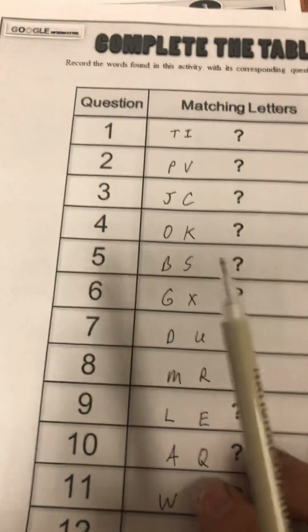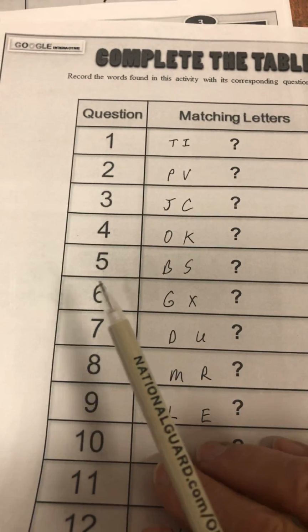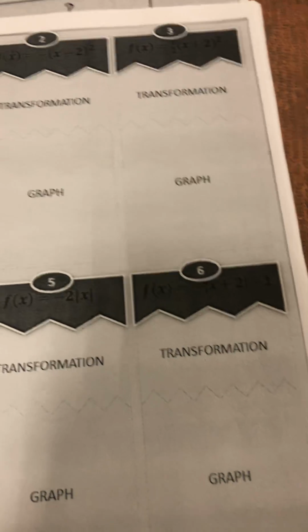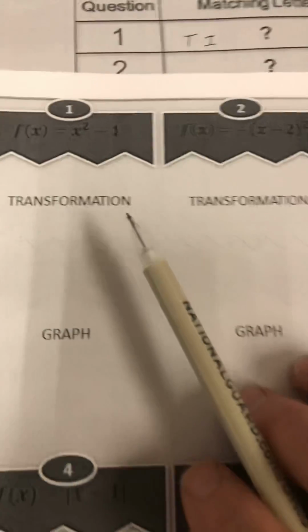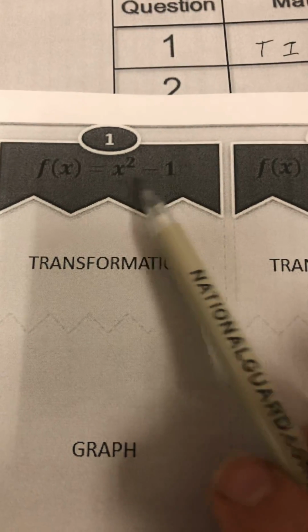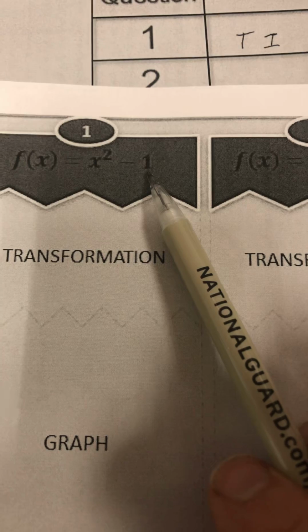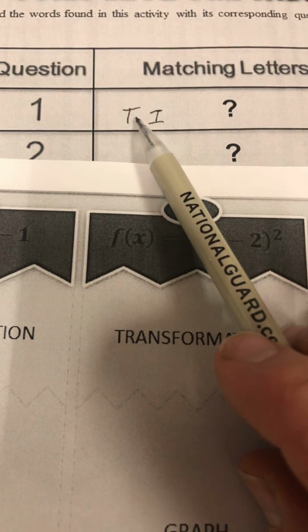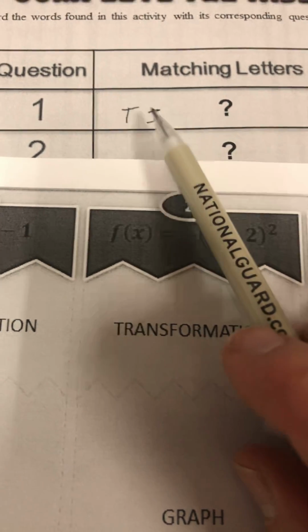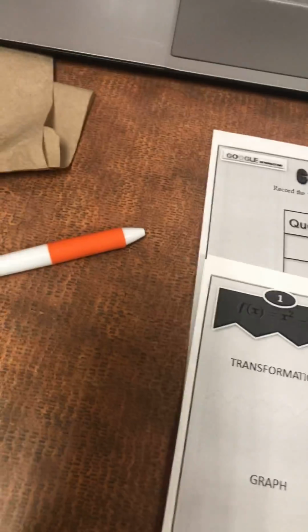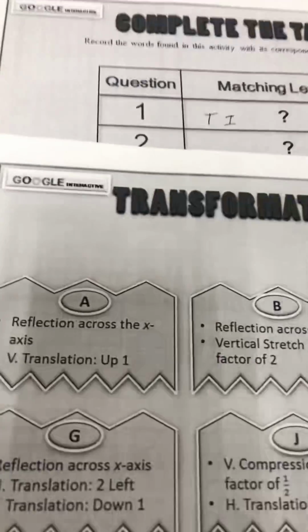I didn't mean to do the whole first half, so I'm not going to do the whole second half, but I do want to show you how to do the second half, level 2. So you're given this equation right here, it's quadratic, and it moves down 1. So your letters are going to be T and I. So what does that mean? T is going to be right here.